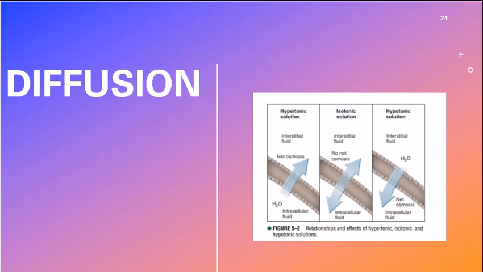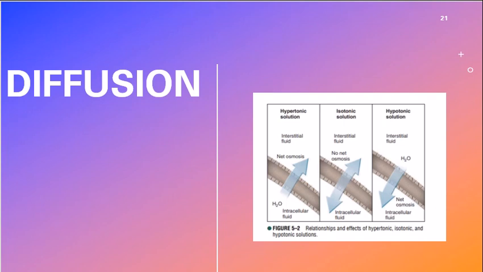Now, keep in mind that it's hypertonic because we're comparing it to what's on the other side of the cellular membrane. If we were to take that fluid and compare it to another fluid, it could potentially be hypotonic or even isotonic. So what you're doing is you're comparing one thing across the membrane to the other side of the cell. The other side of the membrane with the lower concentration is said to be hypotonic in relation to the other.